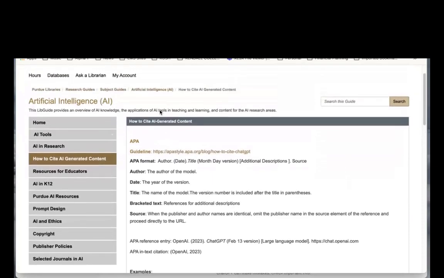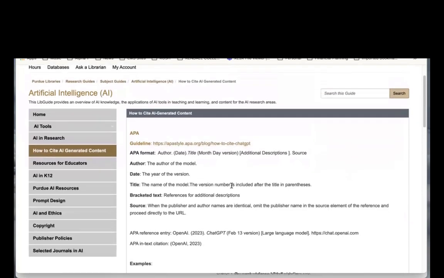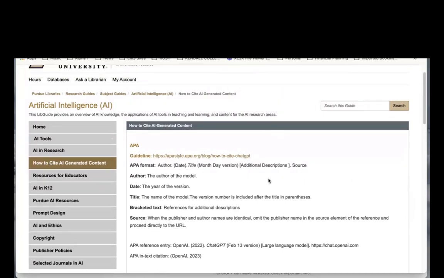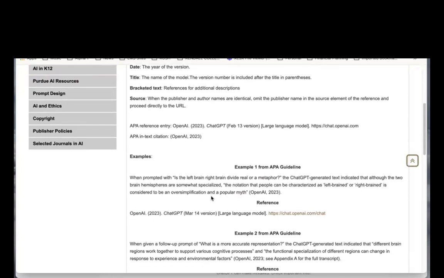They have a whole section on how to cite AI generated content. I'll put this link in the chat for y'all right now. Here's an example of what the student was writing, and to cite it, they just use OpenAI 2023, and then on the reference page, they put this.